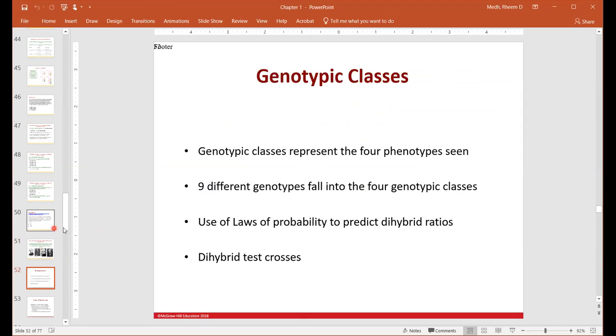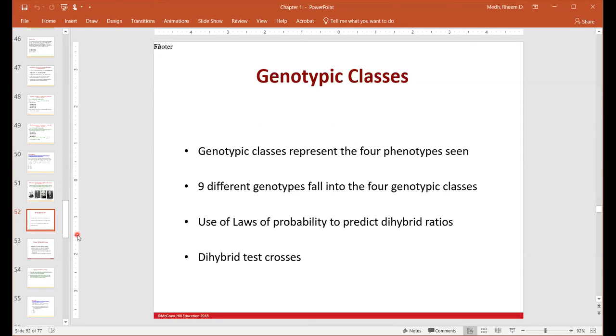So now we'll talk about genotypic classes, which is a slightly different concept, because we've talked about it all along. We've just not used these terms, genotypic classes. So when you do this cross, I'm going to do AaBb for simplicity.